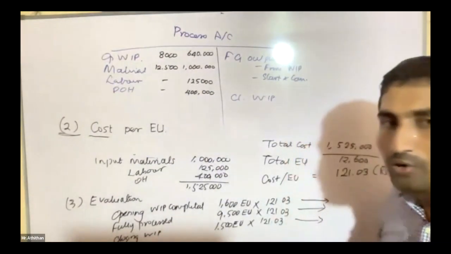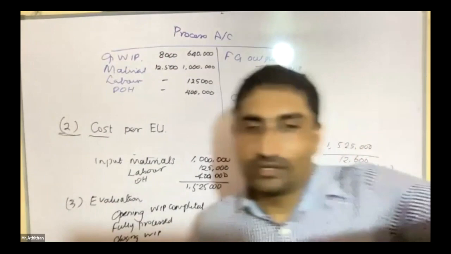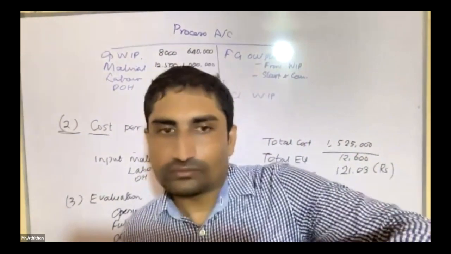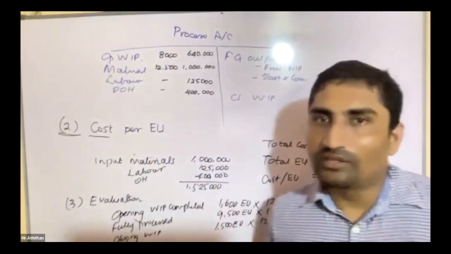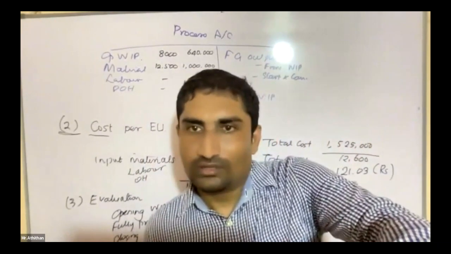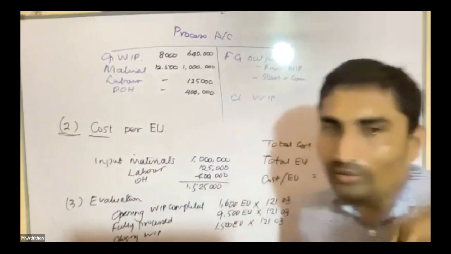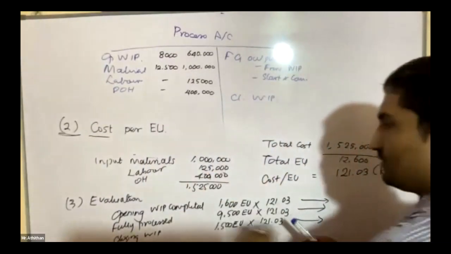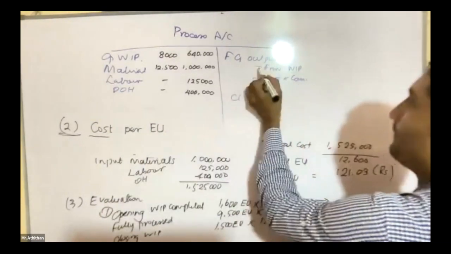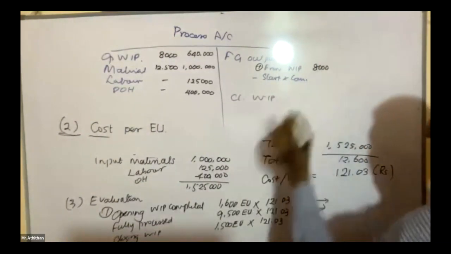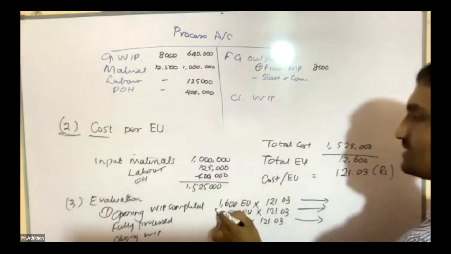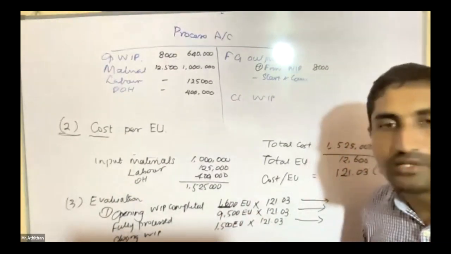Now, output. Already we have worked on the output. First, 8,000 units, that is 1,600 equivalent units.